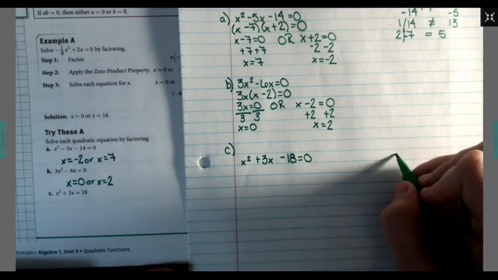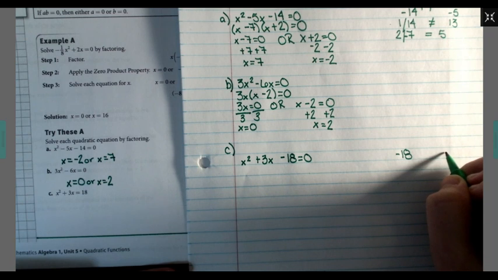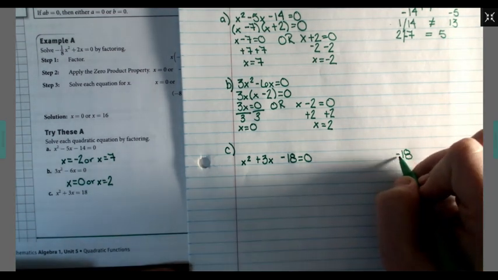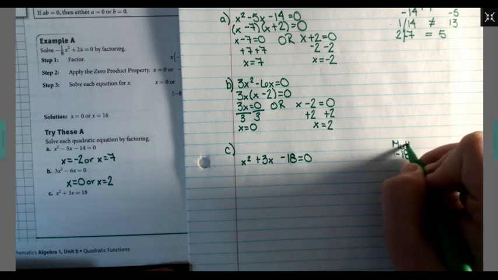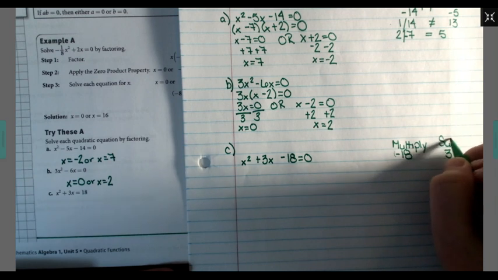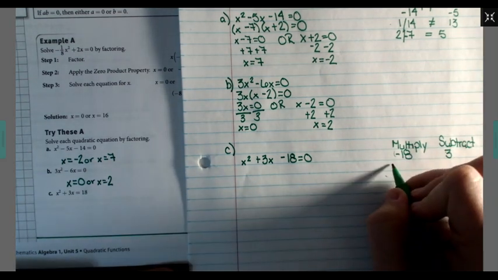So I want numbers that multiply to give me negative 18 and add to give me positive 3. Well, remember I'm looking for a negative, so we're actually going to be multiplying a positive and a negative. So this means I'm actually going to be subtracting, because they're going to be opposite signs.